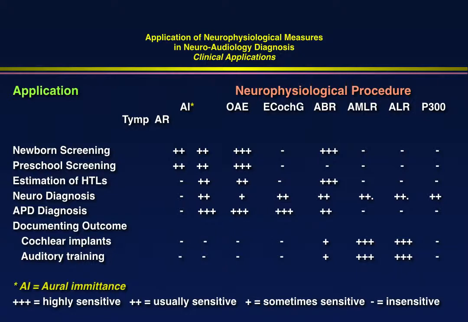So we may use immittance measurements, tympanometry and reflexes, and OAEs and ABR in some patients. In other patients, we may not even need to worry about OAEs. We may need to focus more on the cortical responses. So it really depends on what we are using these responses for.